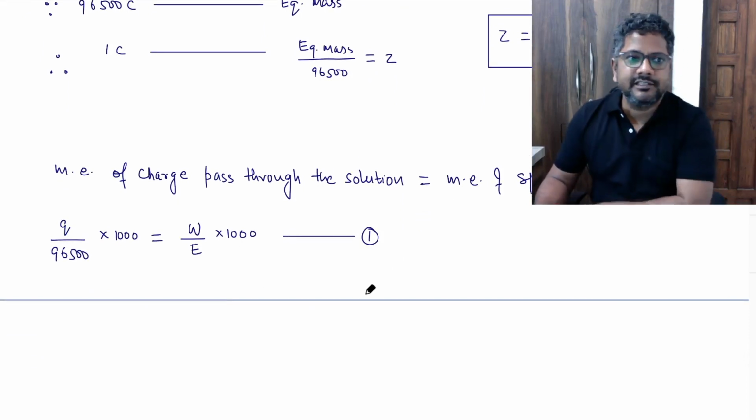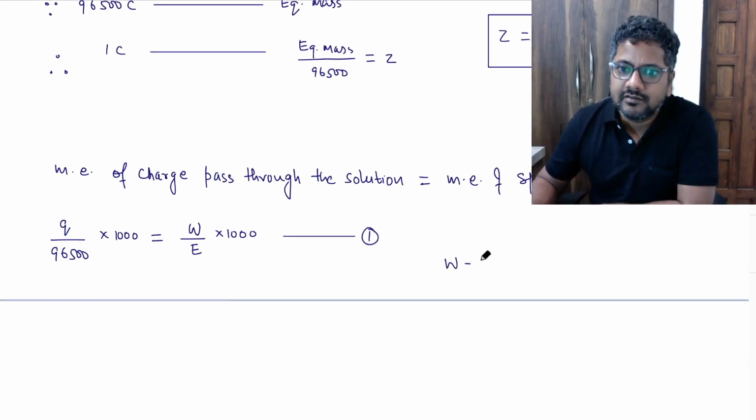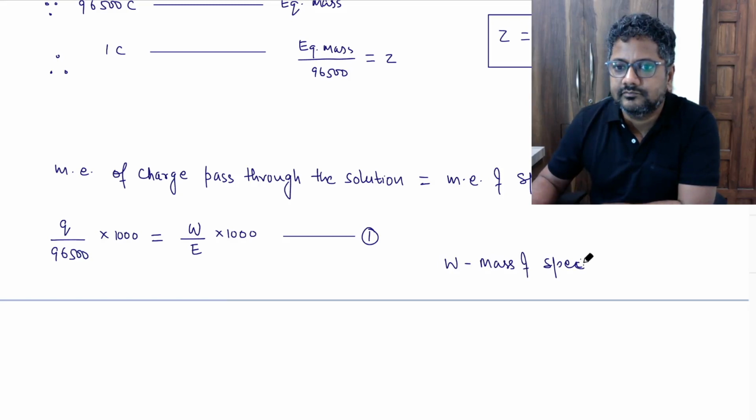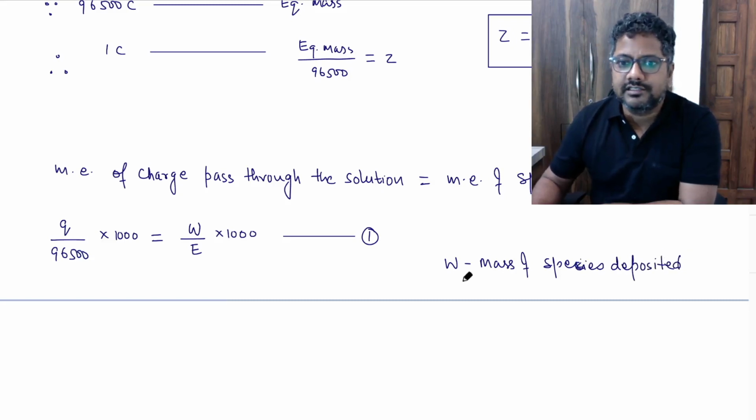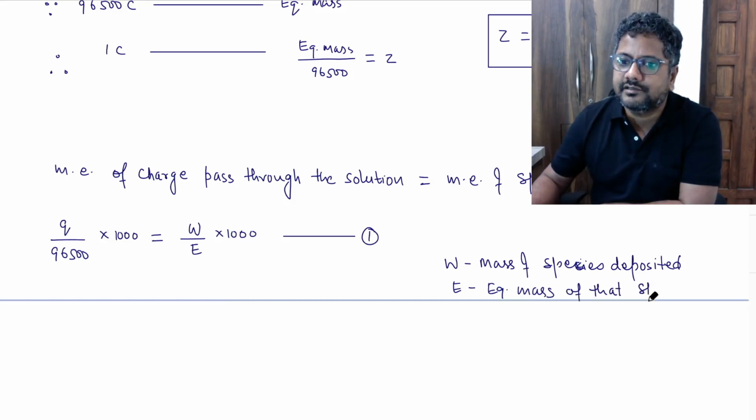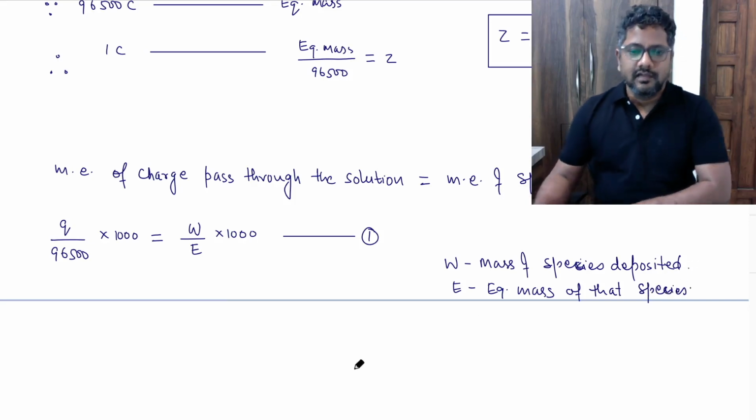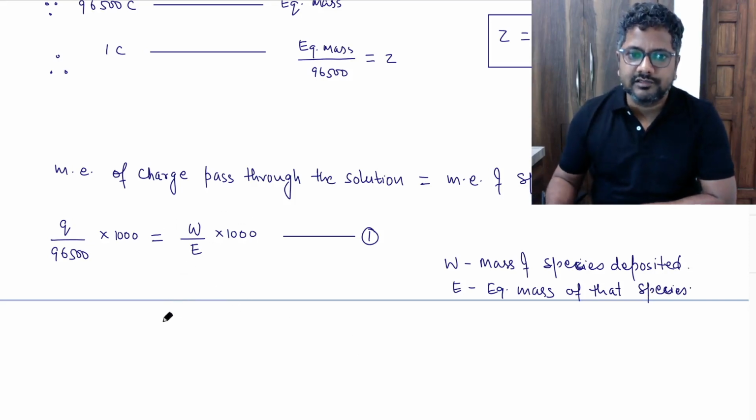Here W is the mass of species deposited, and E is the chemical equivalent mass of that species, right?